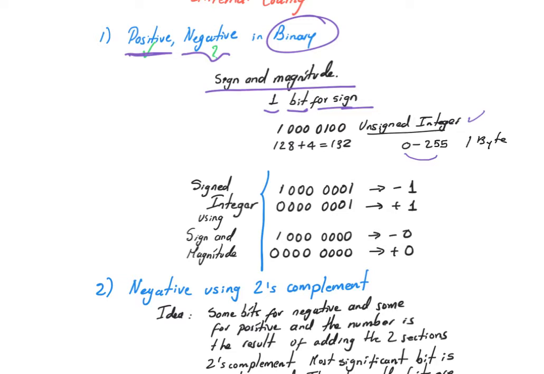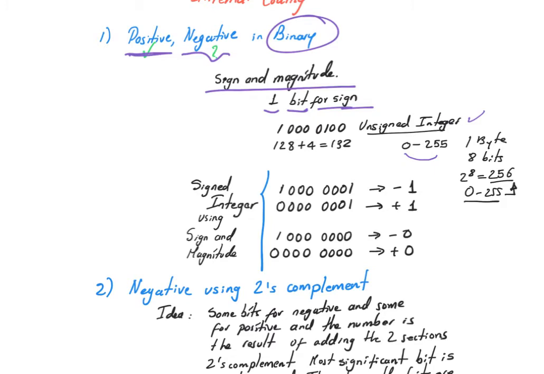1 byte is 8 bits, right? So the maximum number of combinations we can represent is 2 to the power of 8, which is 256. Or let's say we have 256 different combinations of 1s and 0s, which gives us the range from 0 to 255, right? These are 256 different numbers. So that's within unsigned integers when we have no sign.